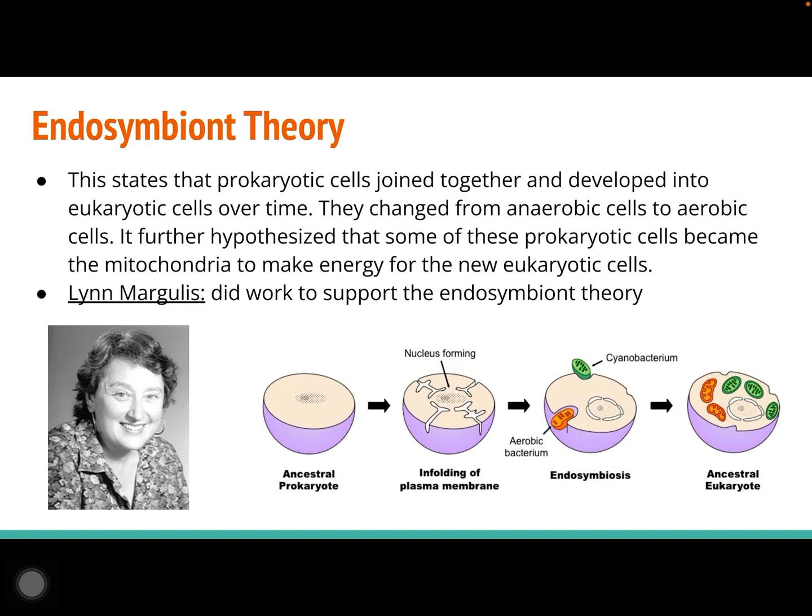So they believe at the very beginning that it was a prokaryote. Again, no nuclei, no membrane-bound organelles. Over evolution, they then switched from a prokaryote to a eukaryote. So they believe that the mitochondria was actually a prokaryote that was kind of absorbed into this new eukaryote to be able to produce energy. Because we know, most of us, that the mitochondria is known as the powerhouse of the cell.